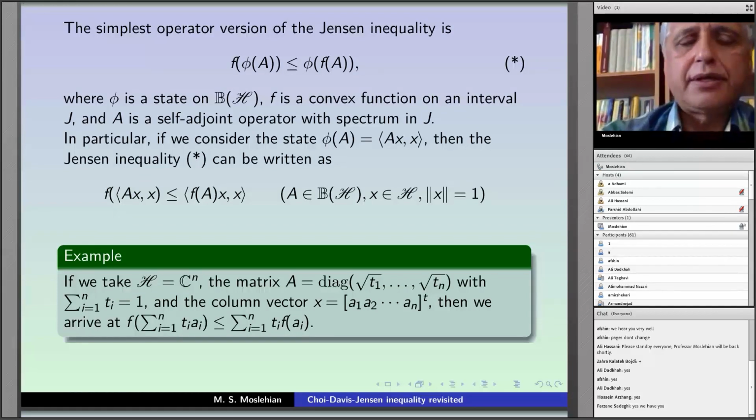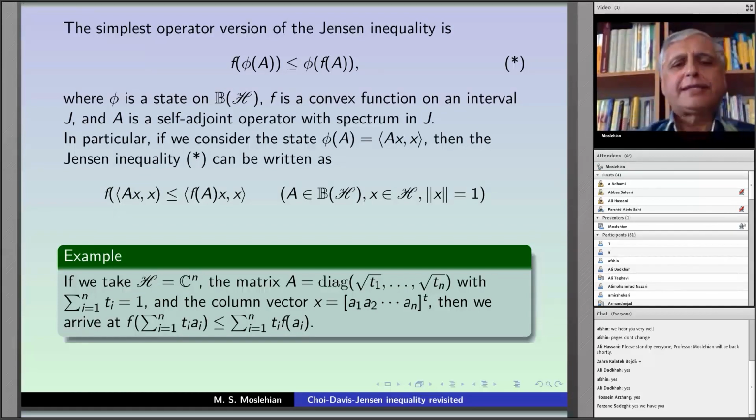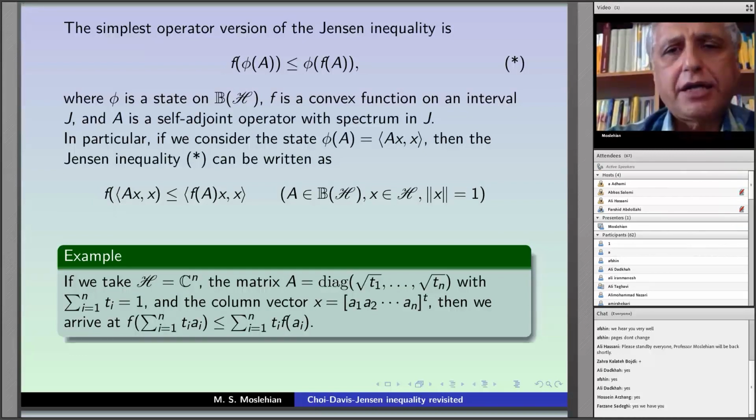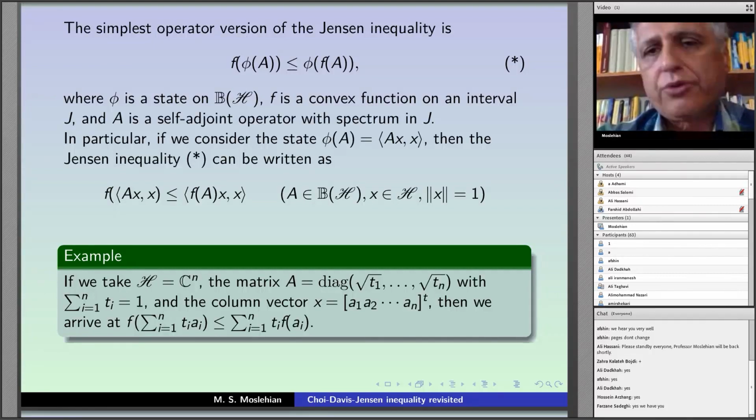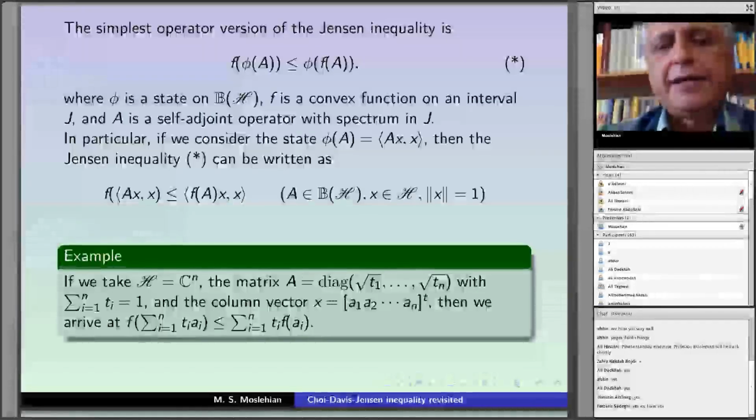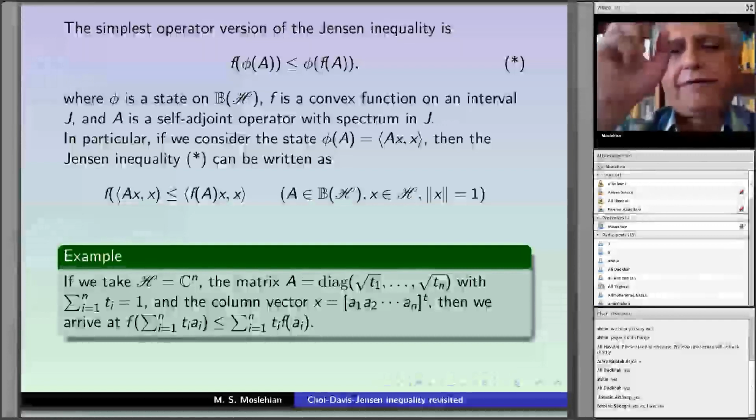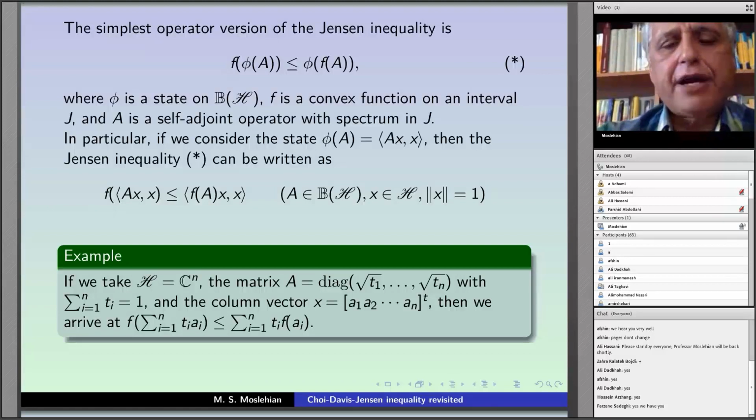For example, if we take H to be the finite dimensional Hilbert space C^n and A to be the diagonal matrix with diagonal entries square root of t1 up to square root of tn, whose sum of squares is again 1, and we assume that x is a column vector (a1, ..., an), then we arrive at the classical discrete Jensen inequality.